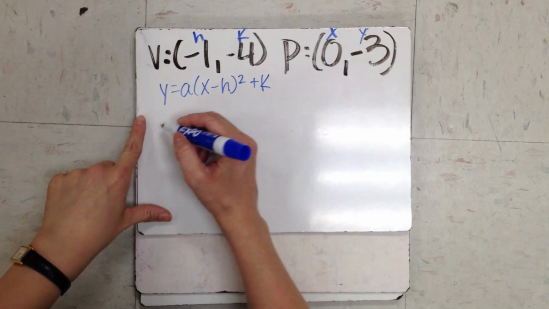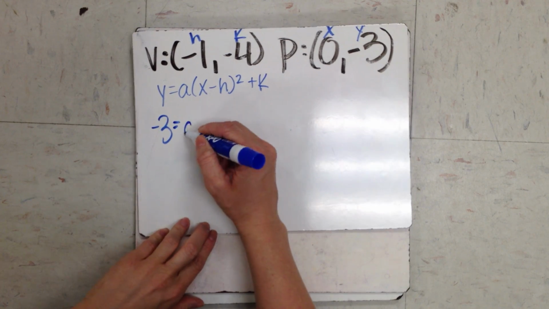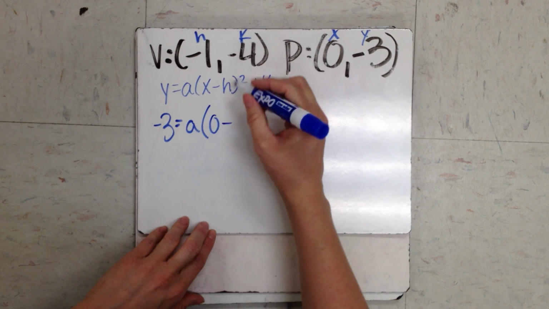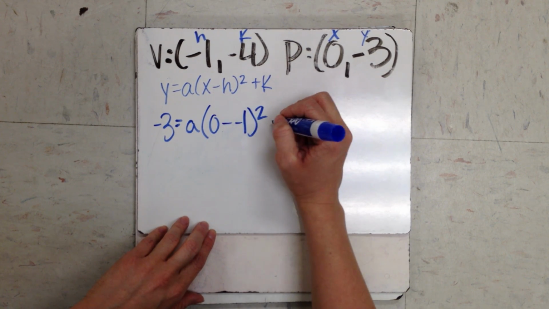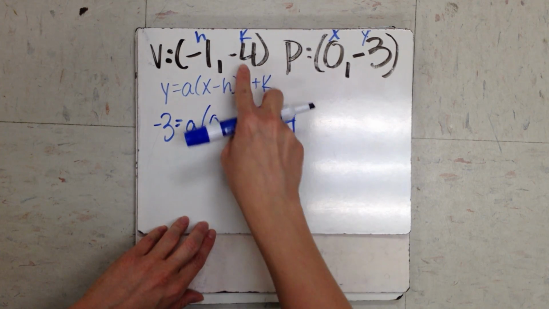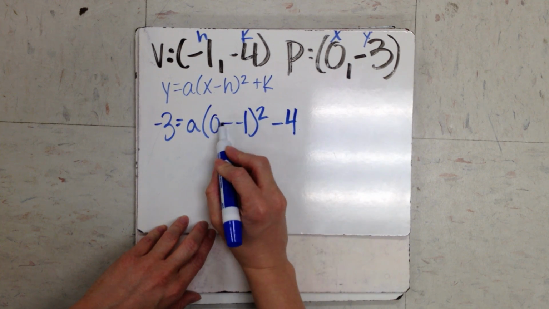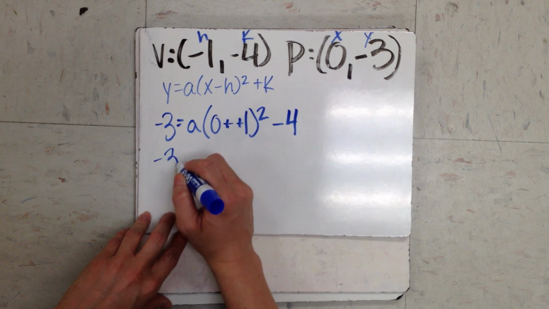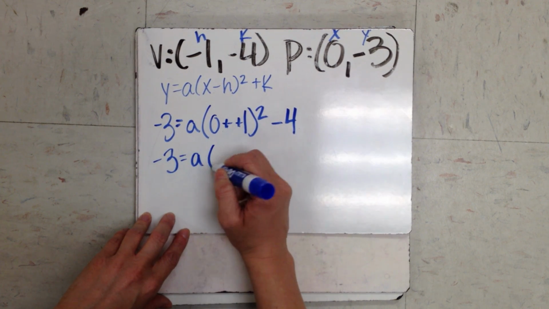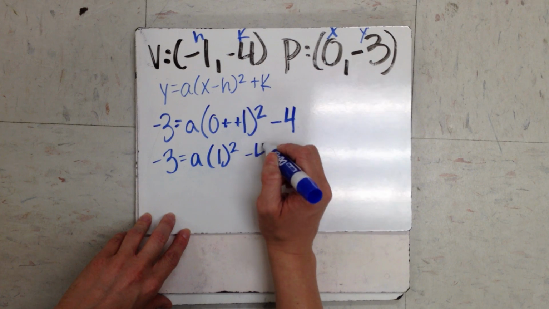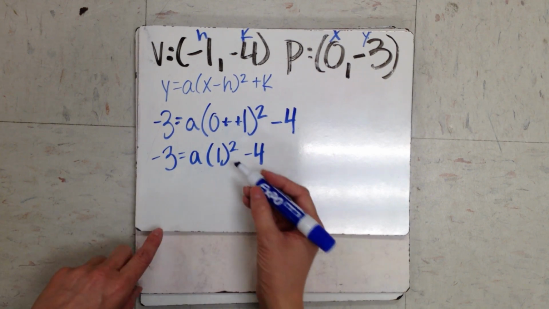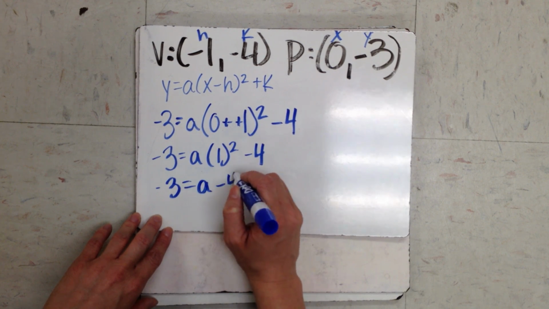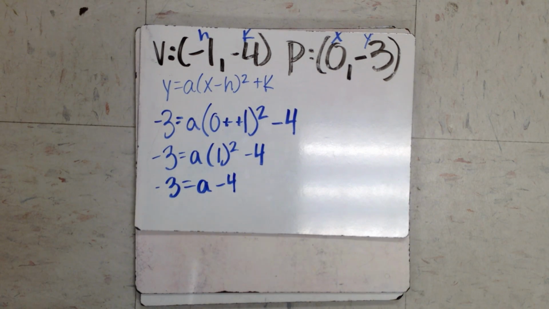So this one will be -3 equals a, open parentheses, 0 minus -1, squared, and then plus k, which is -4. Once again, we have 0 minus -1, which is really 0 plus 1. So we get -3 equals a times 1 squared minus 4. Now 1 squared is 1, and 1 times a will give us -3 equals a minus 4. Once again, we have a one-step linear equation.